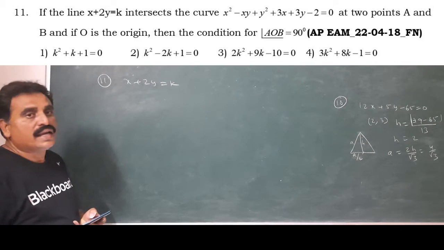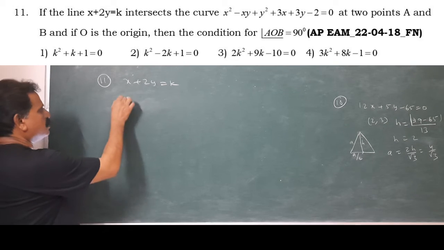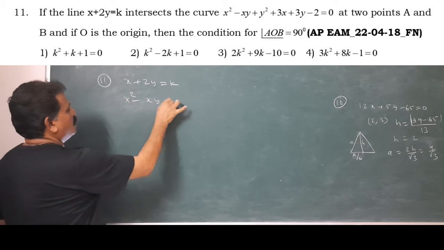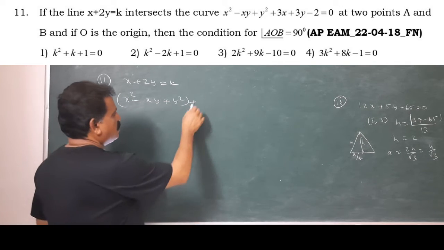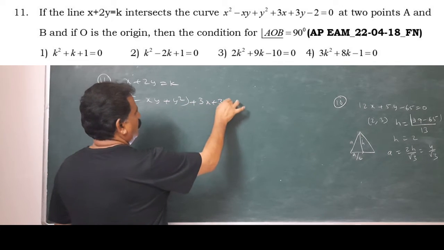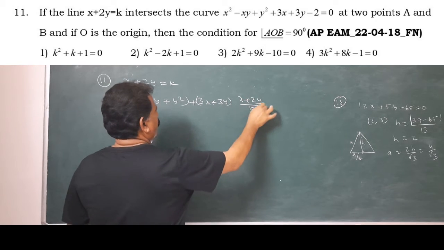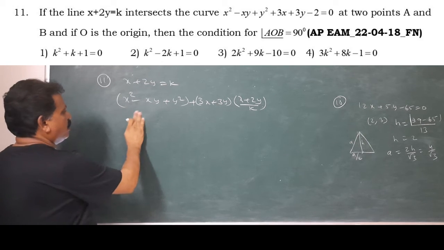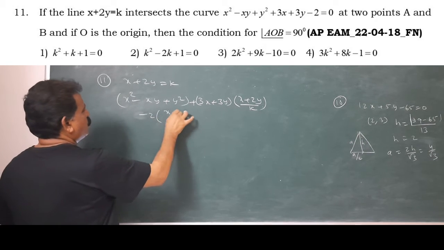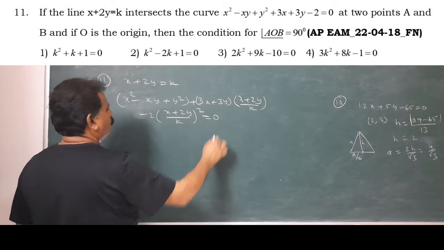Just use the line to homogenize the given curve. That means x square minus xy plus y square plus 3x plus 3y into 1, where 1 means x plus 2y by k, plus the constant, which is given as minus 2, into x plus 2y by k whole square equal to 0.